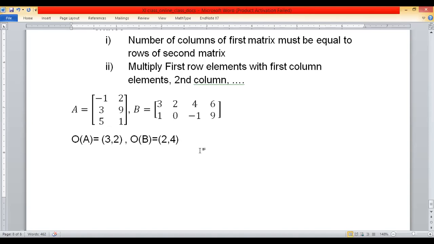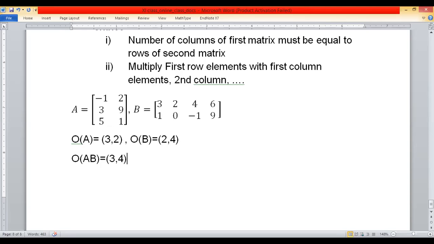I mean the inside values are same. So the outside values are actually the order of the product. So the order of the product of two matrices would be 3 by 4.